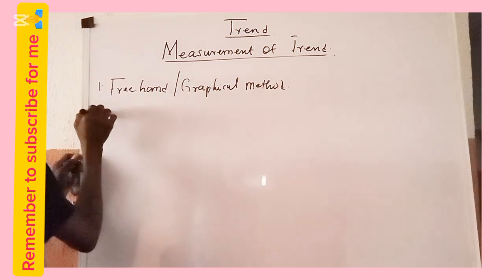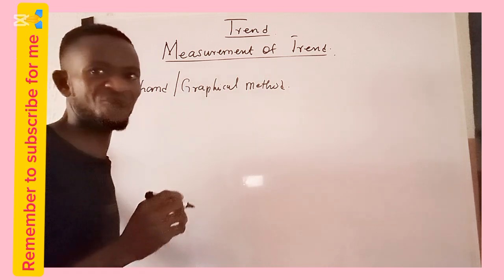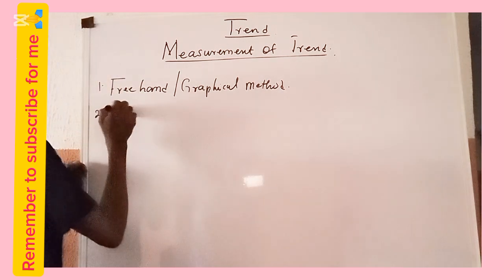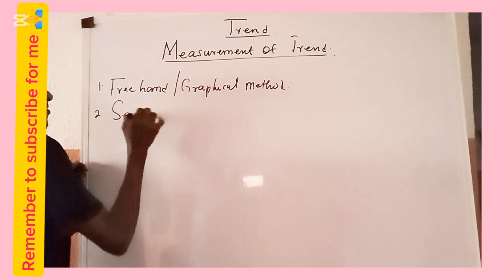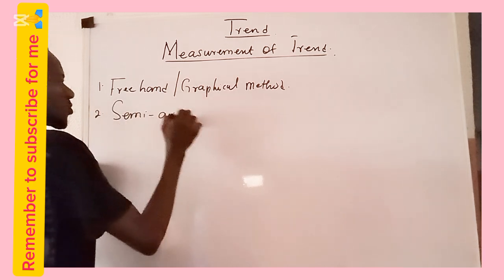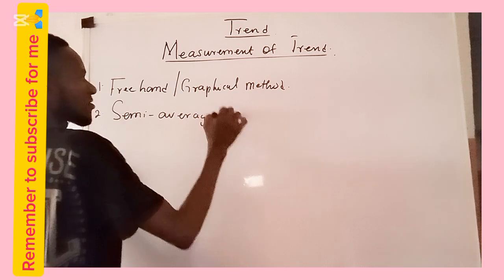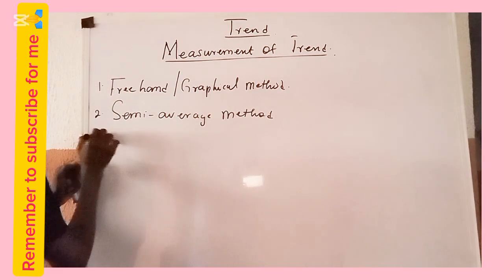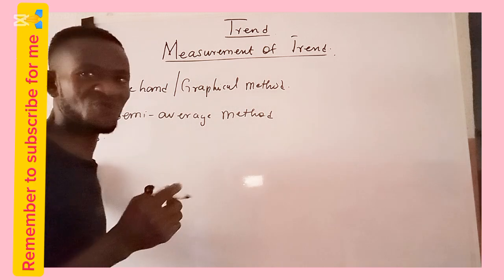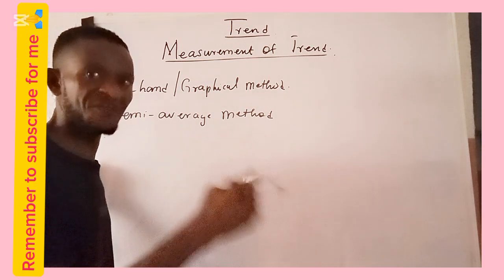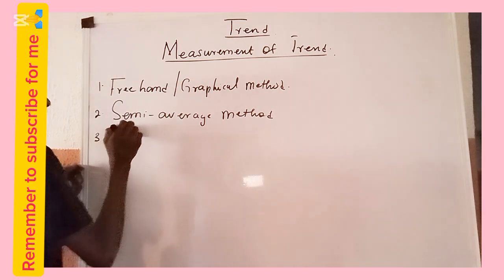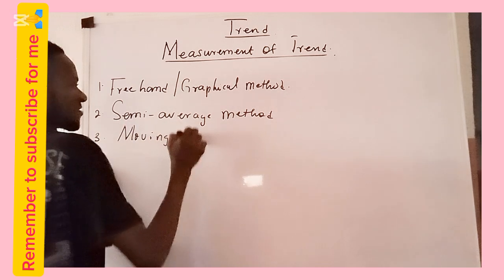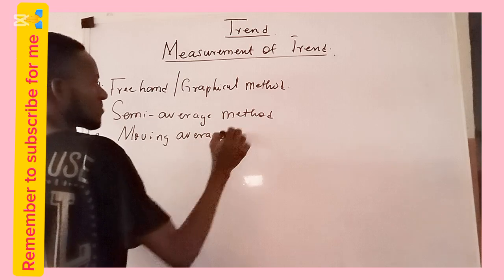We equally have number two, which we call the semi-average method. In number three, we have the moving average method.